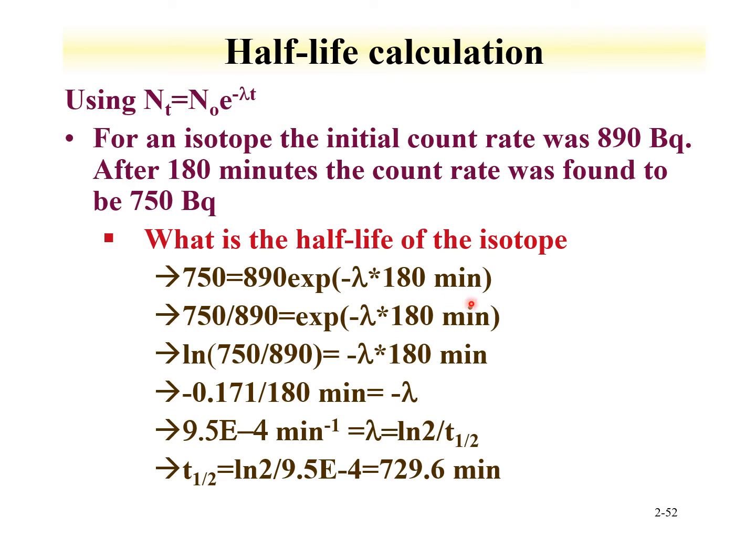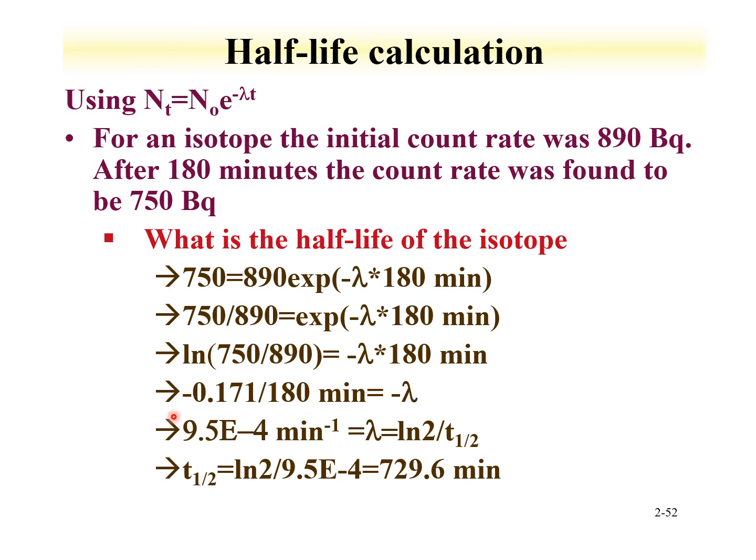Well, activity at a given time is equal to activity initial times e to the minus lambda t. Solve for lambda. We get lambda, and it's in inverse minutes because we're looking at minutes.